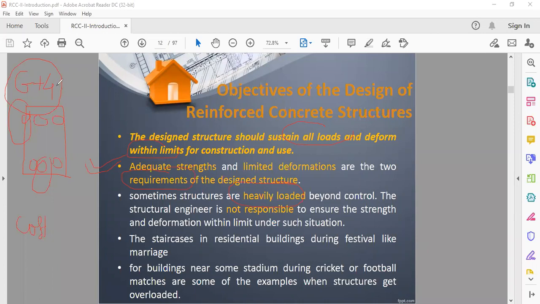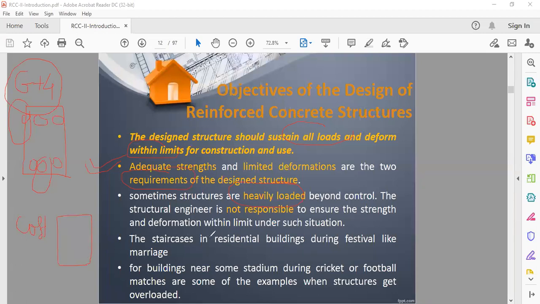But what about small buildings, bungalows, residential buildings? Even if the capacity is G+1 and you want to add another story or perform some other operation on the building, that would create a problem.